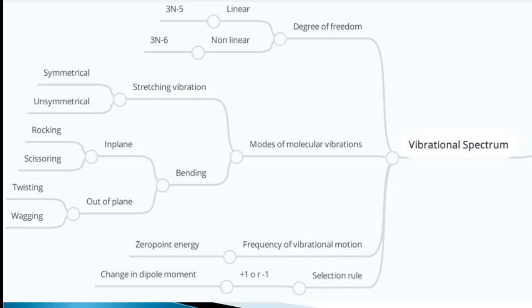If forbidden transitions take place in a diatomic molecule, what happens to the spectra? The details about this are given in this point, so we are going to learn about this also.